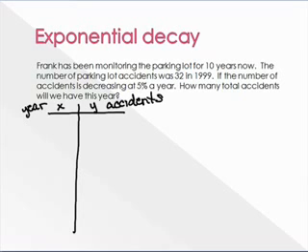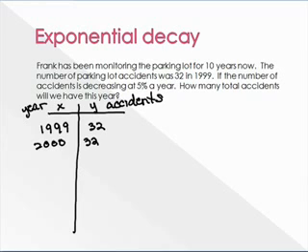Okay, so let's start in that first year. Frank started 1999. We had 32 accidents. Okay, then the next year, in the year 2000, we had 5% less. All right, so 5% less means that we would take the number of accidents, so 32, times 5%, and then subtract it off. Okay, so remember how in that last one we went 1 plus the rate?